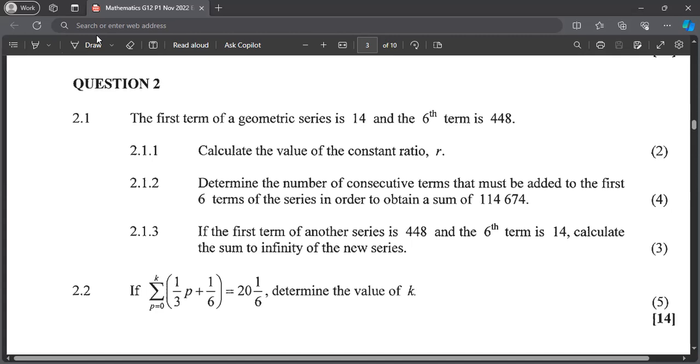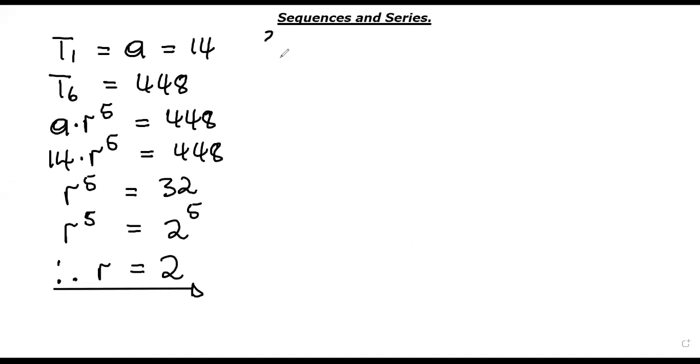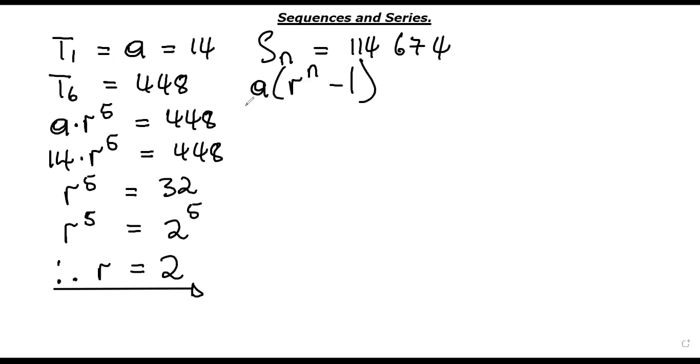Are we fine? So let's go to the whiteboard and do that. So what did we say? We said the sum of the total number of terms is 114,674. But since this is a geometric series, we know that this is how we calculate the sum of a number of terms.